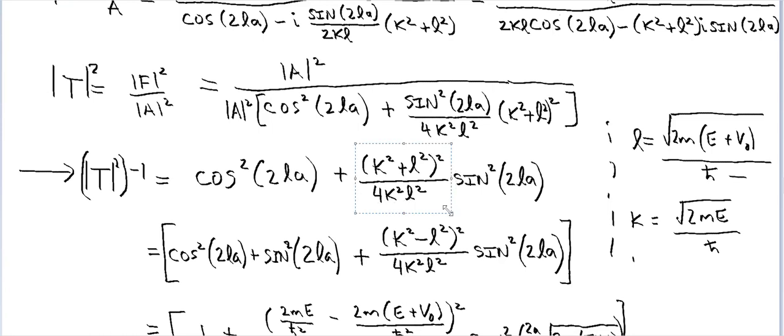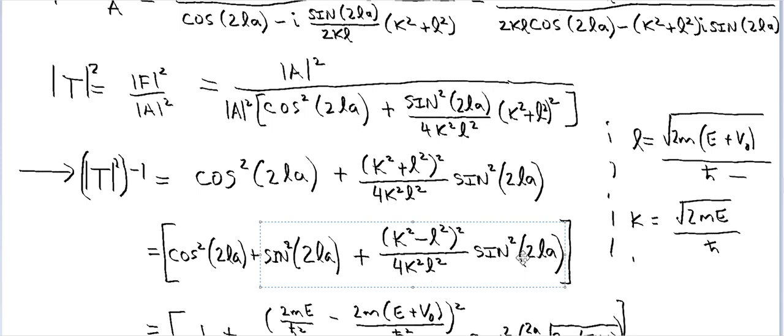Instead of (k² + L²)² over 4k²L², we get (k² − L²)² over 4k²L² plus 1, right? And so I can rewrite this term as this.